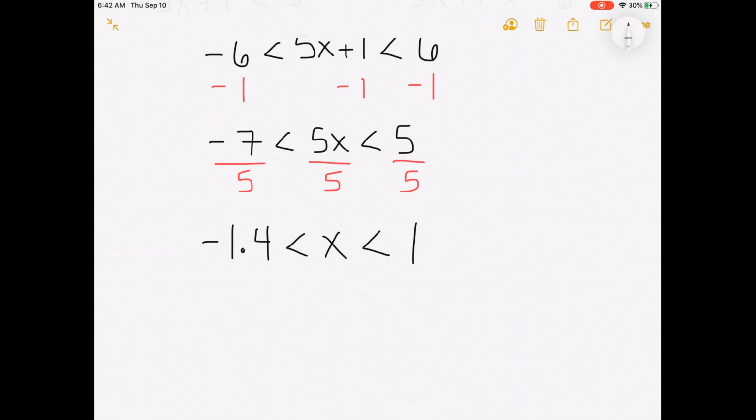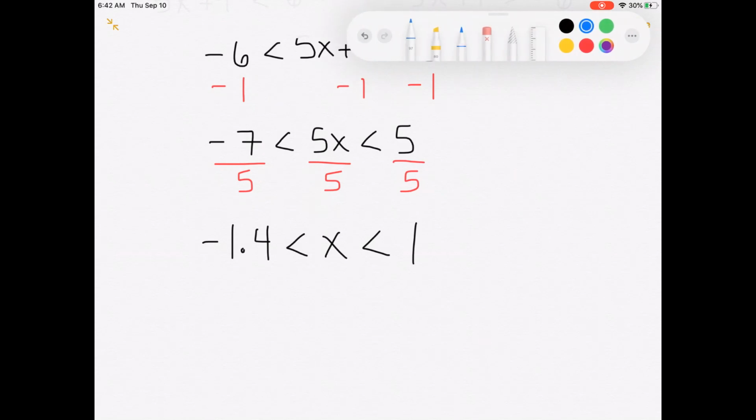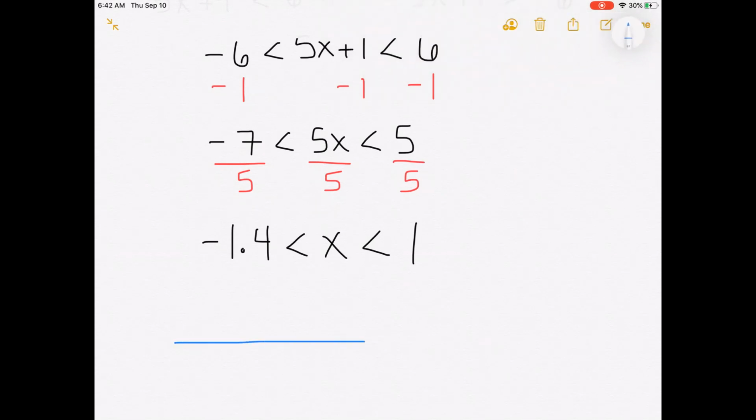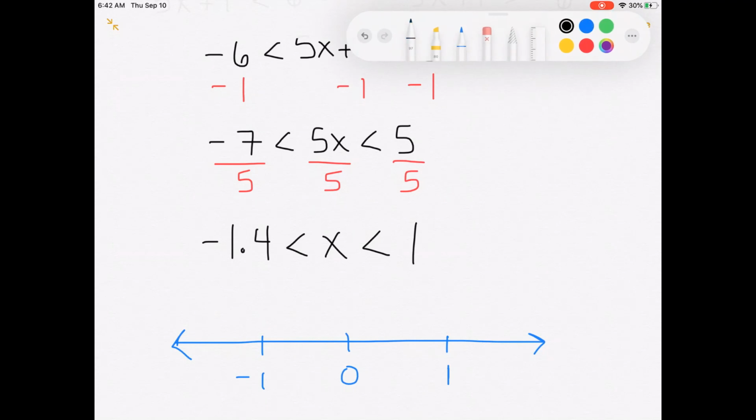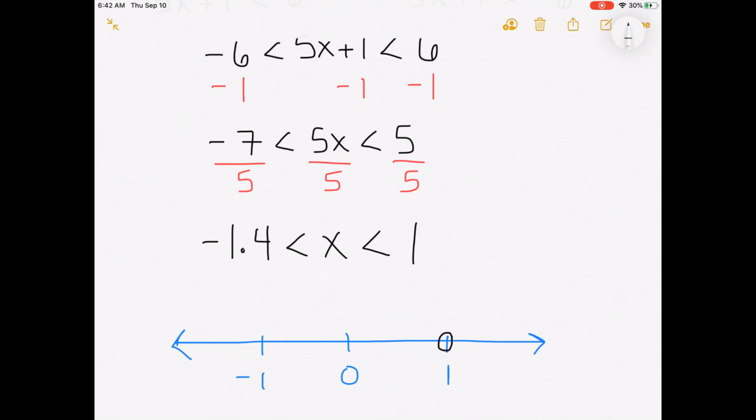So what that looks like on a number line is I'll have an open circle on 1, since it's not equal to 1, but it goes up to 1. And I will mark -1.4 and also put an open circle around it.